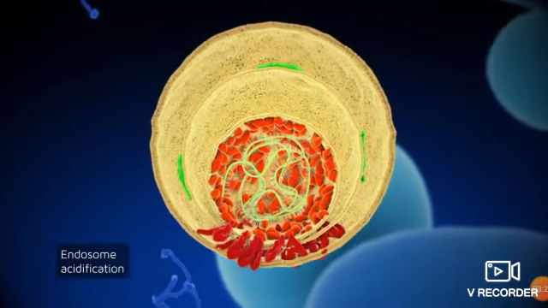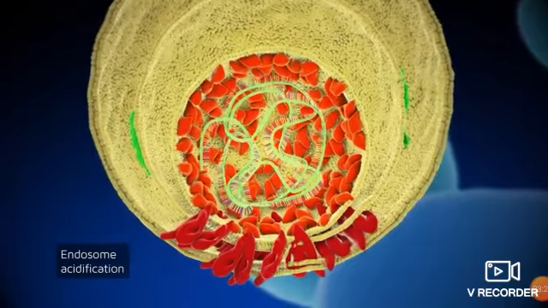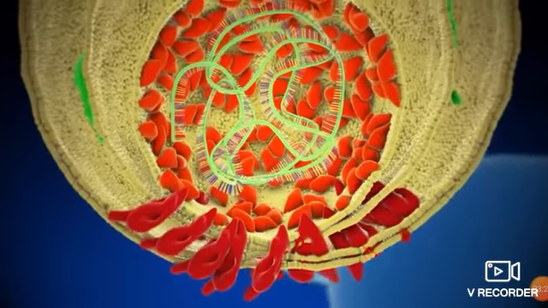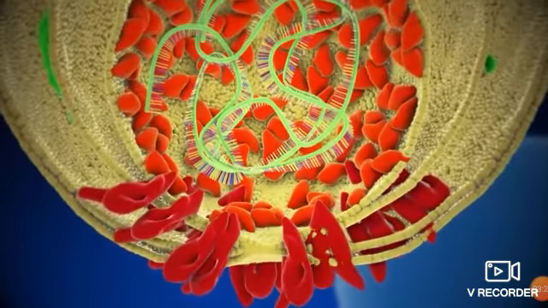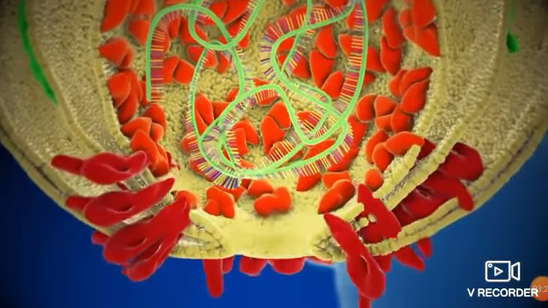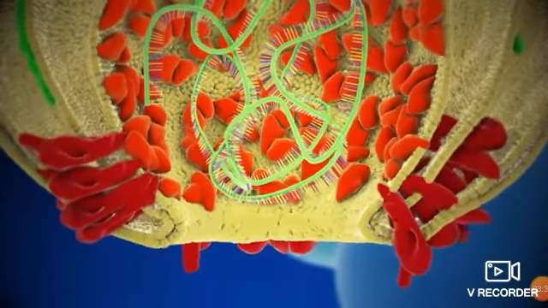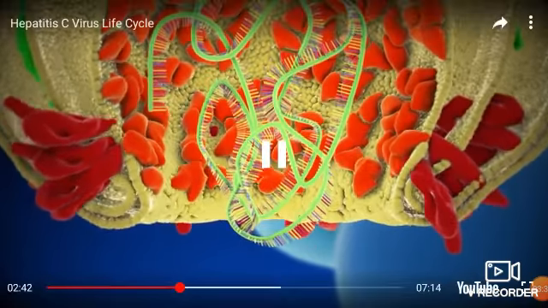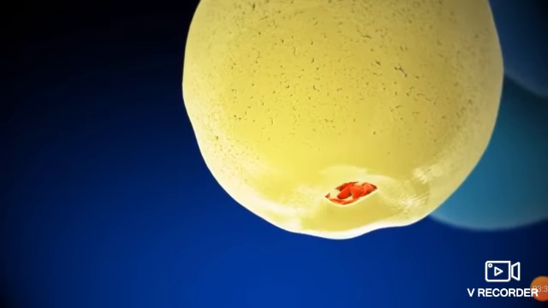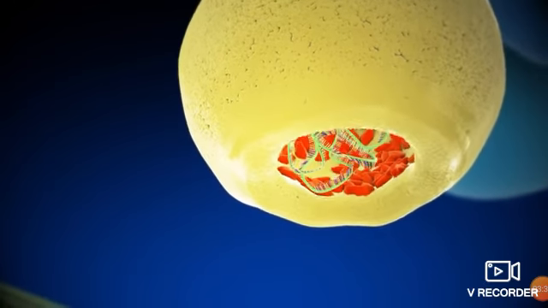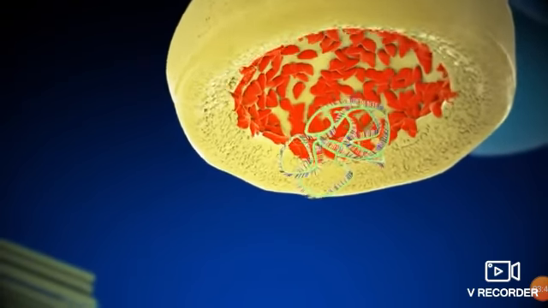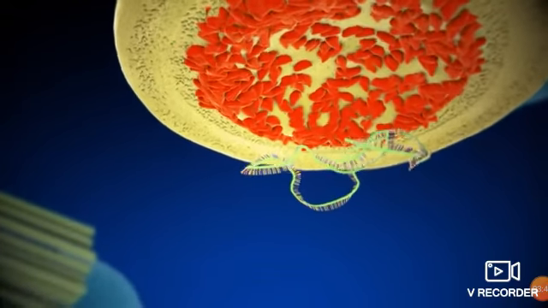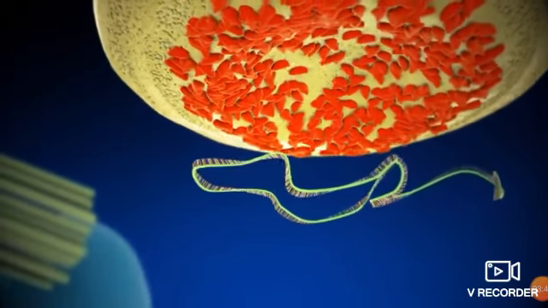Acidification of the endosome lumen induces conformational changes of the viral envelope glycoproteins, which in turn interact with the endosomal membrane, leading to fusion of the viral and endosomal membranes. Membrane fusion is followed by uncoating of the nucleocapsid and the release of the viral RNA genome into the cytosol.